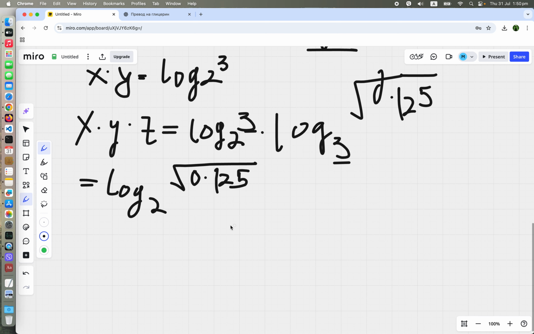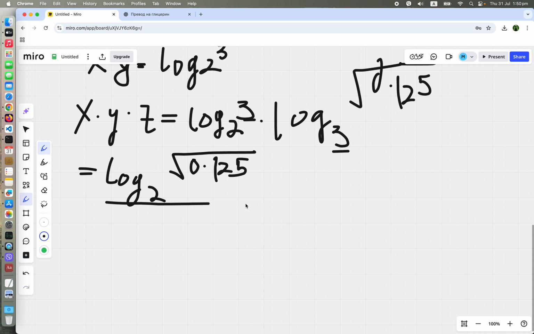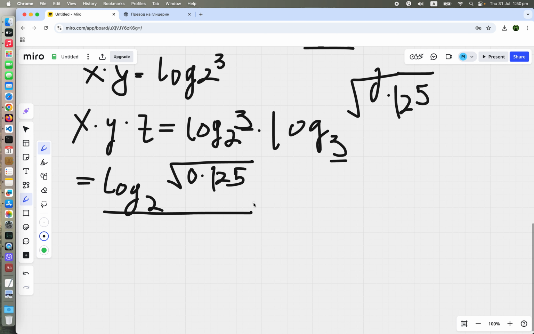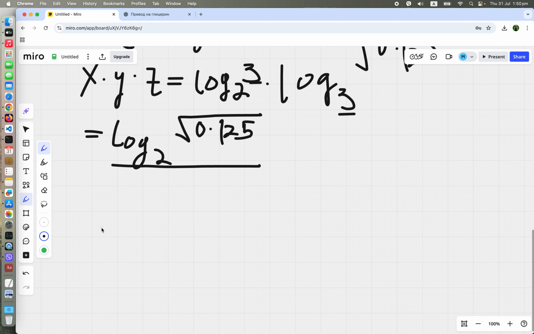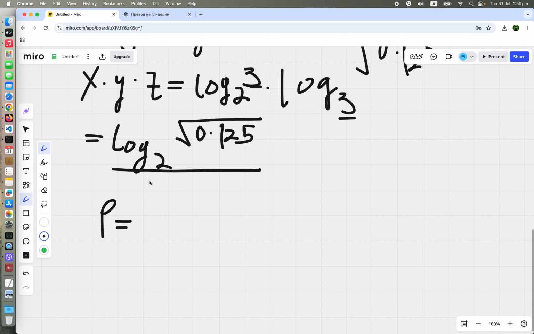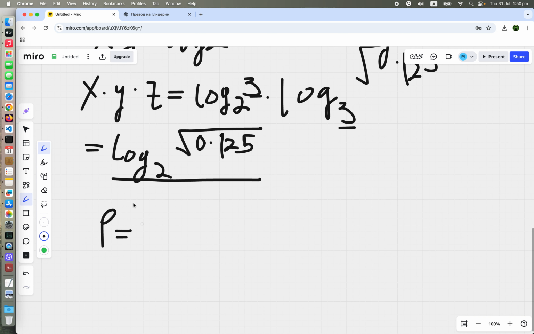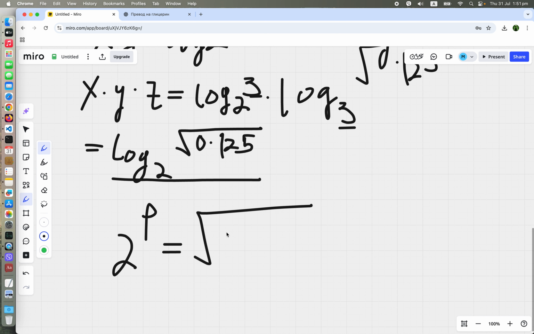Okay, now how I said logarithms work like that. We wanna find this, which seems hard, but not that hard. So let's say p is a number which comes from product, and that's gonna be this. Now we say p is logarithm base 2 of this, and that means that 2 to the power of p is the same as square root of 0.125.